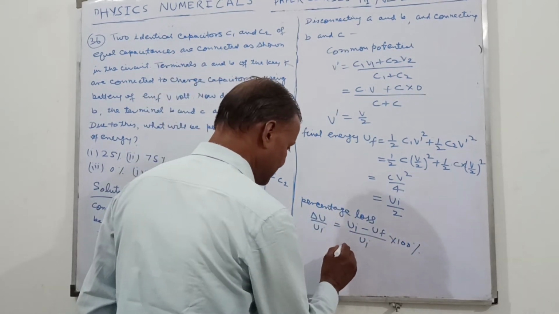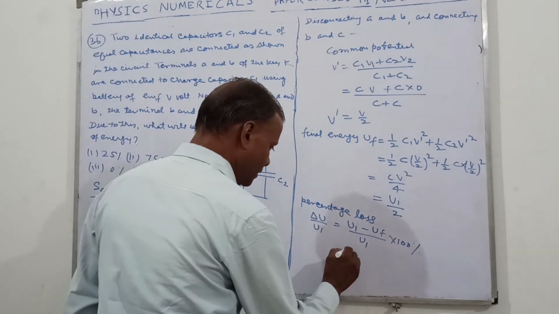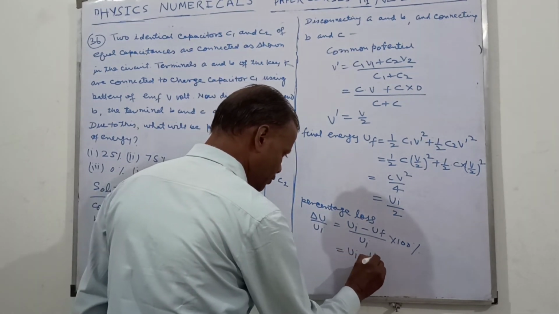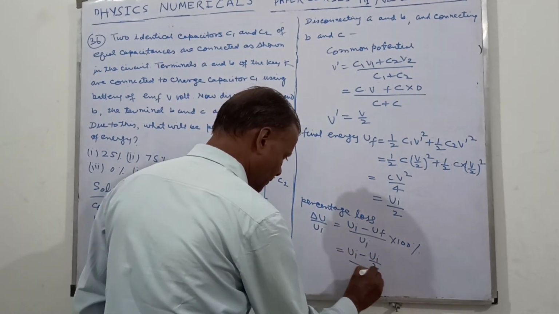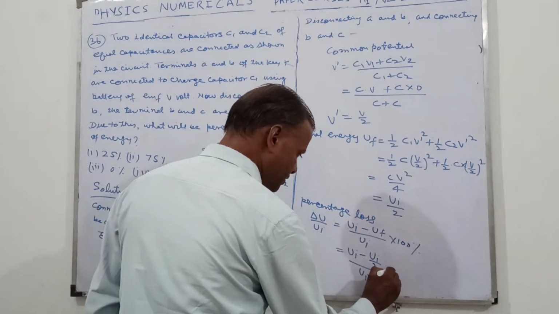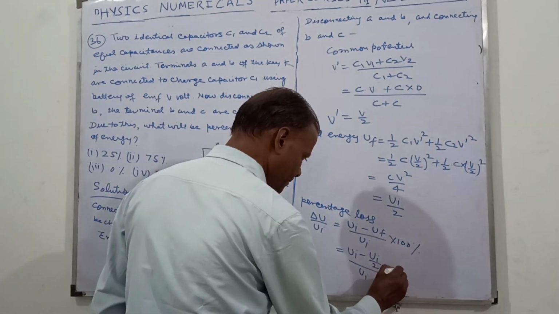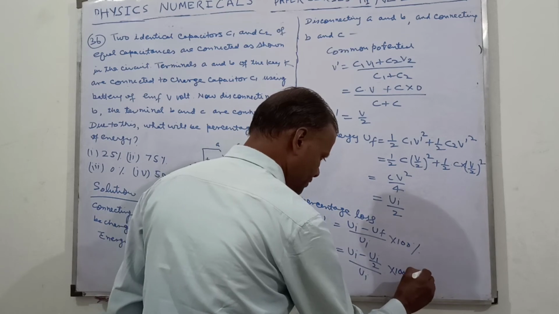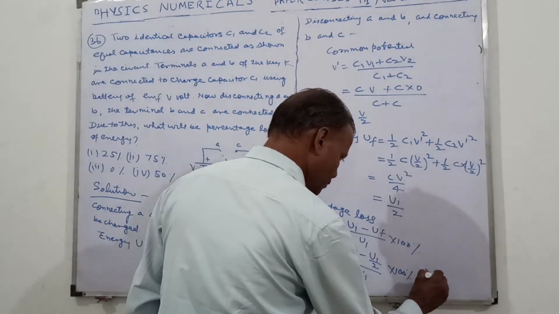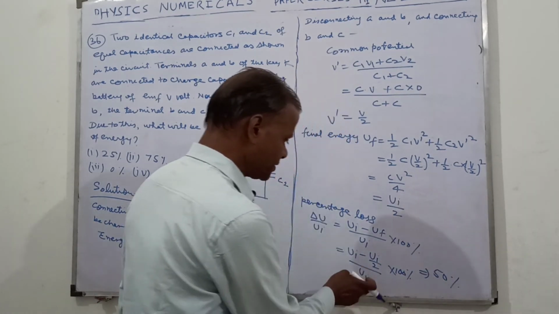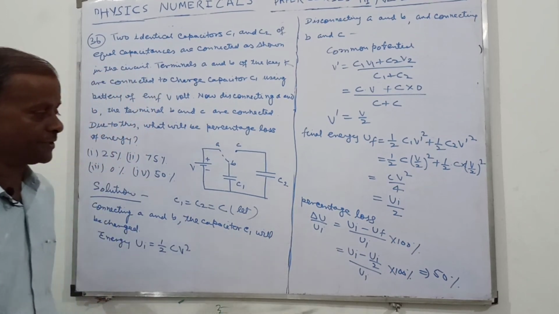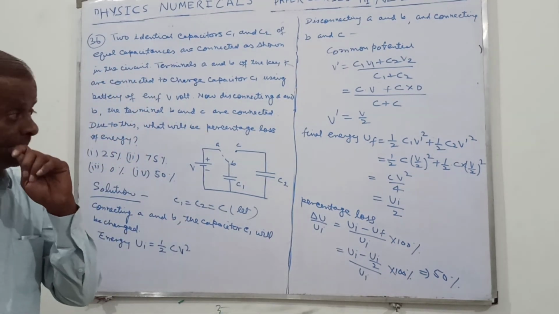Then you can find that this is equal to (Ui minus Ui upon 2) upon Ui. So this is equal to how much? This is equal to 50%. If you just calculate, you will find it to be 50%.